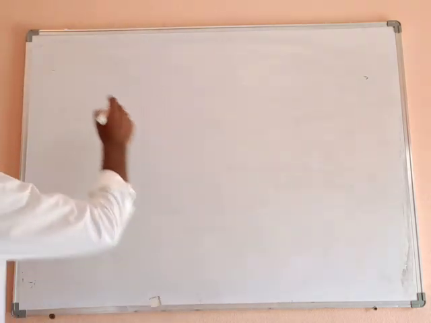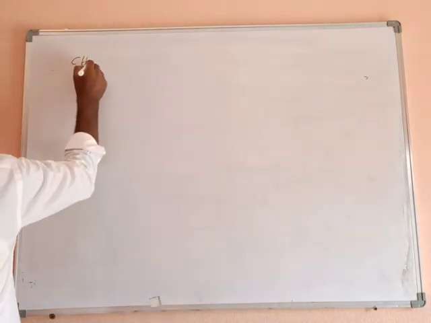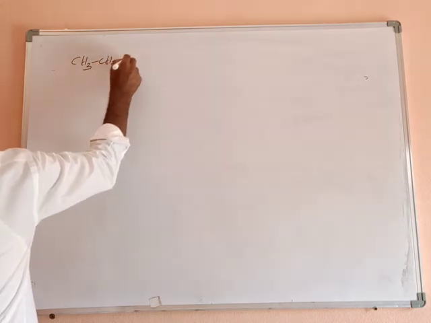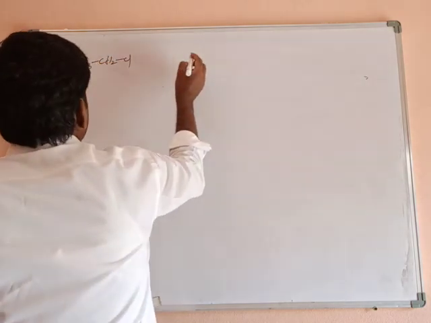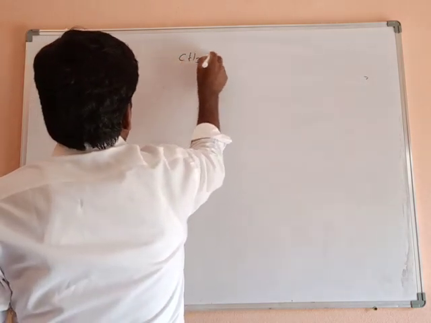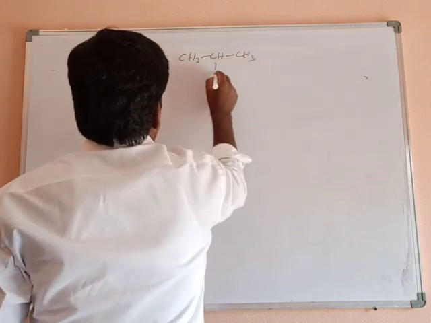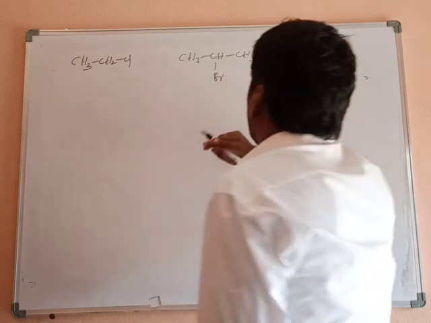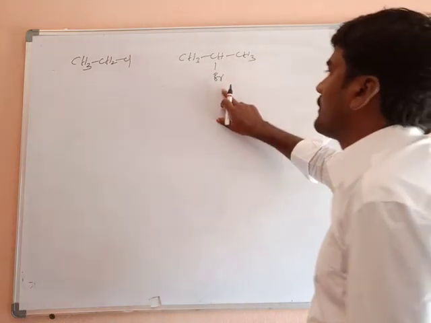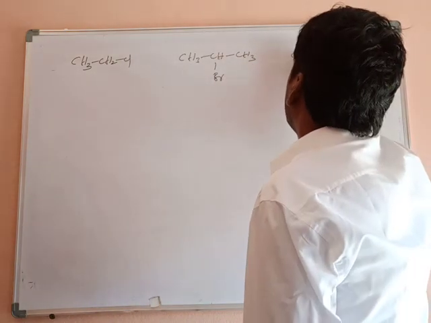I will take an example. Ethyl chloride and, what about this, isopropyl bromide.